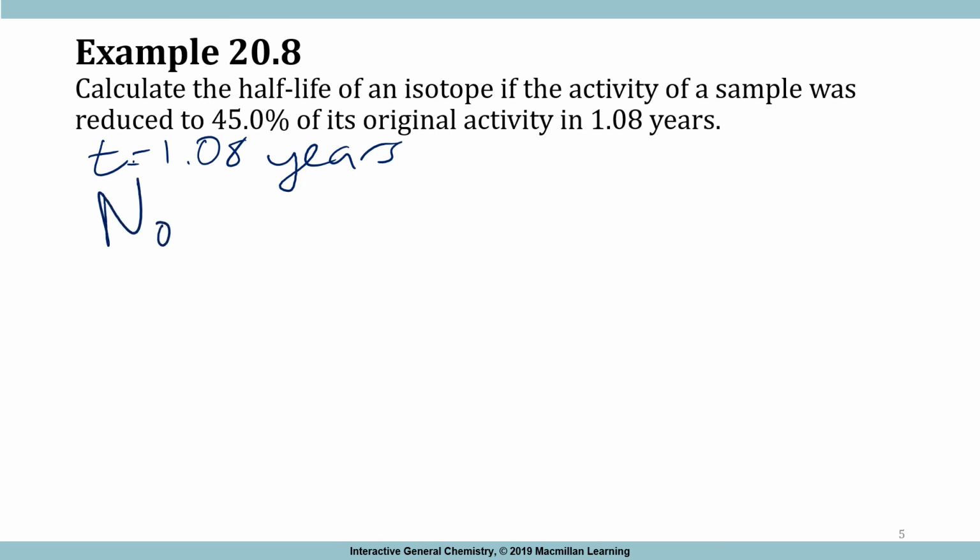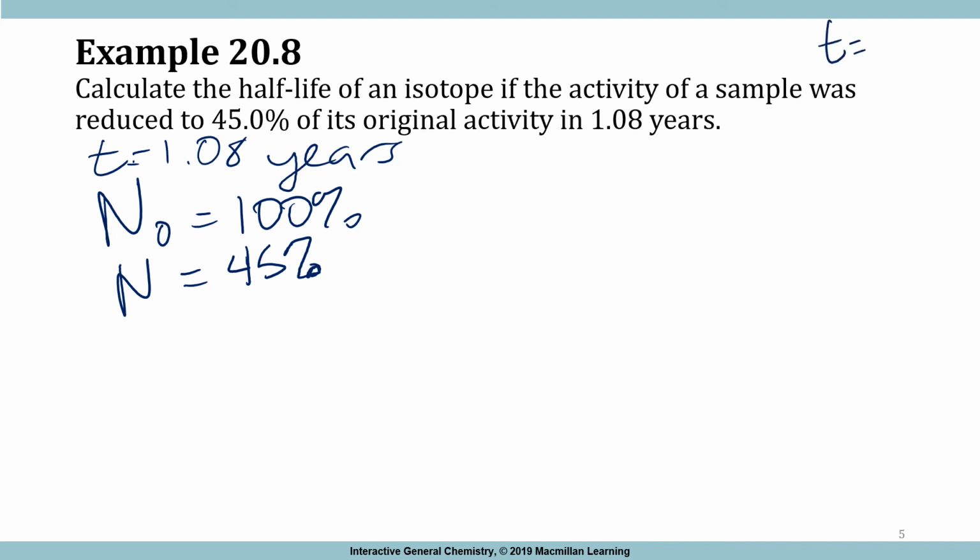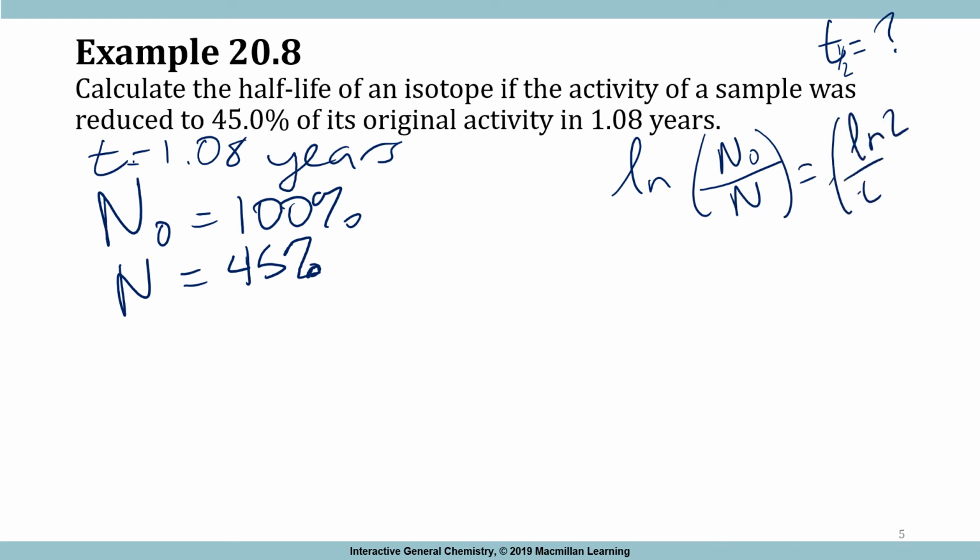So our N0 is going to be 100%, and our N is going to be 45%, because you're always starting with 100%. We're looking for our half-life. So that equation is the natural log of N0 divided by N is equal to natural log of 2 divided by your half-life times your time.